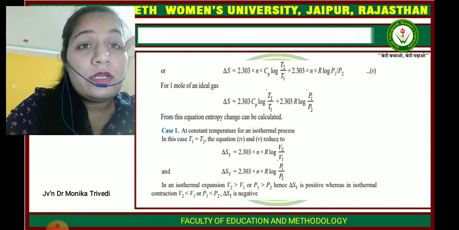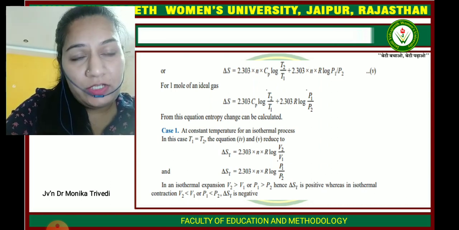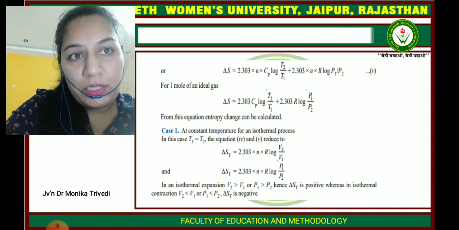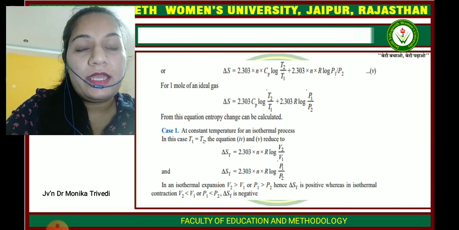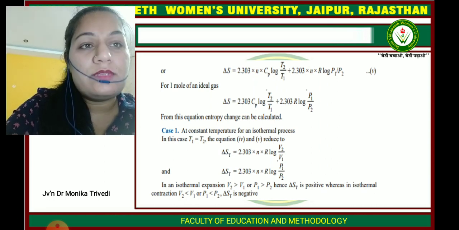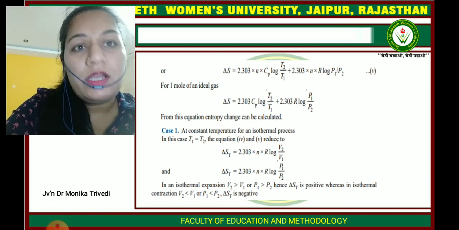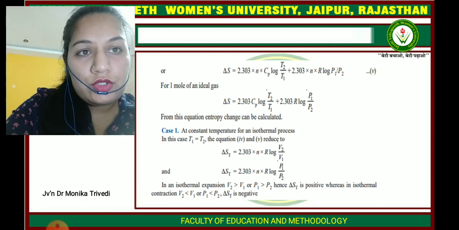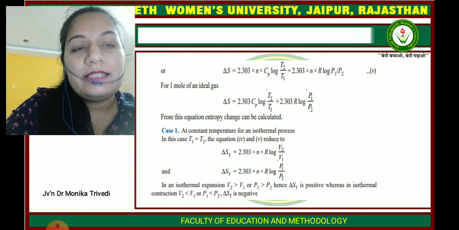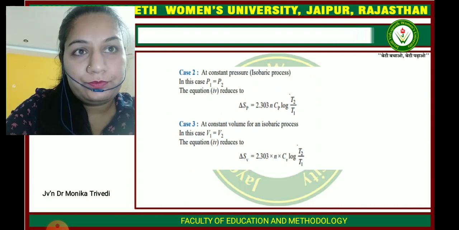In an isothermal expansion, V2 is very large as compared to V1, or P1 is very large compared to P2. Hence ΔS_T is positive, whereas in an isothermal contraction V2 is less than V1, or P1 is less than P2, so ΔS_T is a negative value.